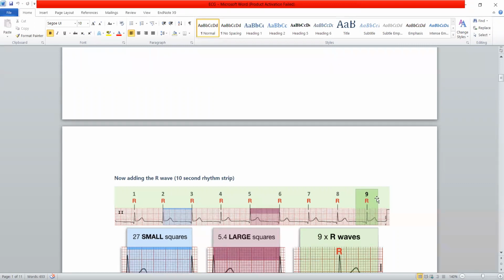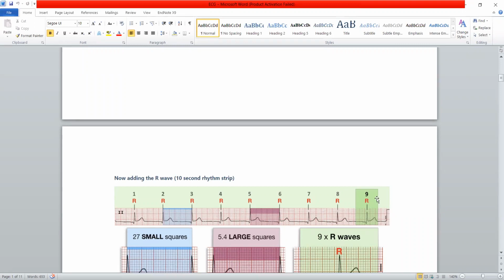If the heart rhythm is irregular, we use the 10-second method, because we have counted the number of R waves in 10 seconds, or 50 large squares. 10 multiplied by 6 is 60 seconds.